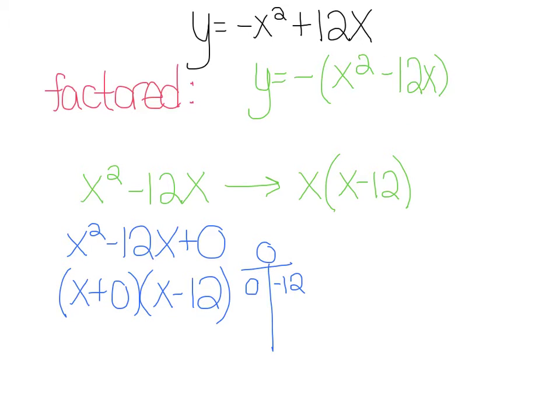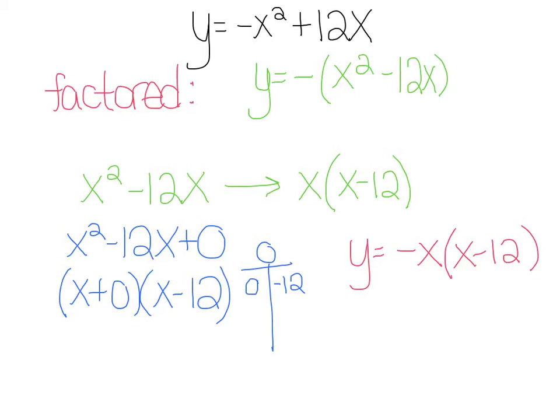But remember, our final answer has to include this negative in front. So I can have y equals negative x times x minus 12 because I'm just replacing what's in here with what I factored.